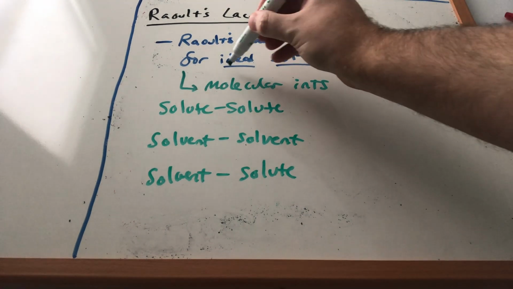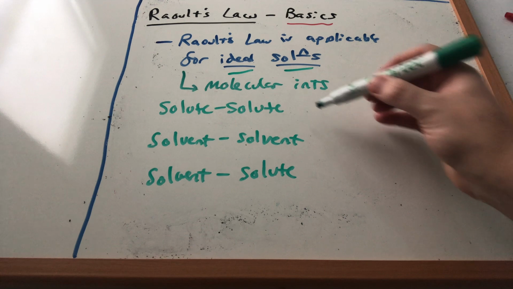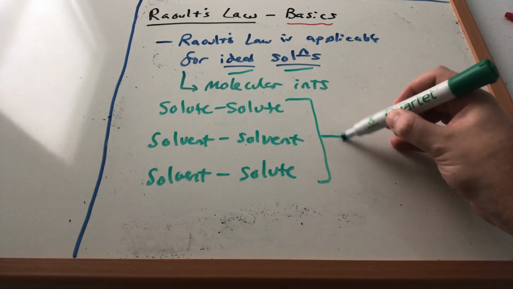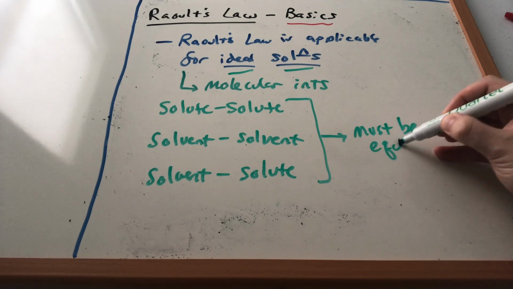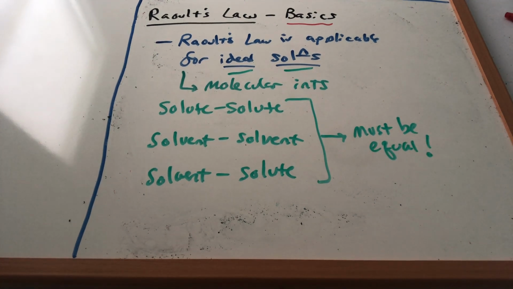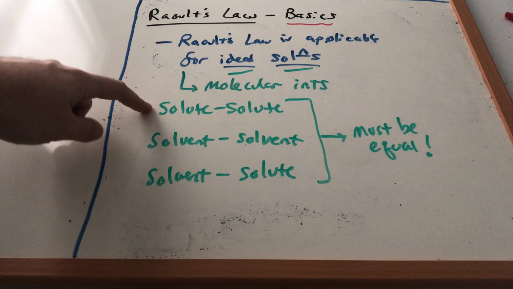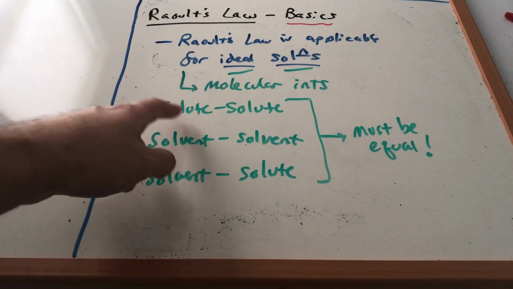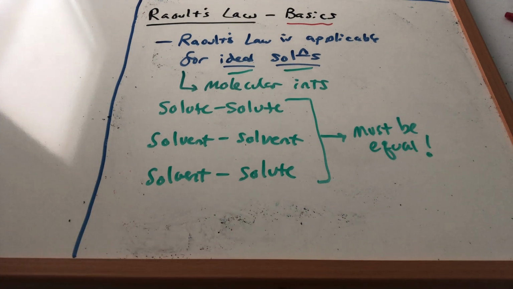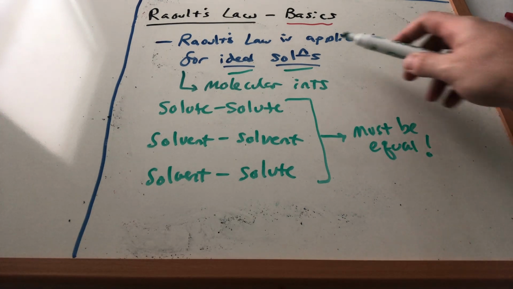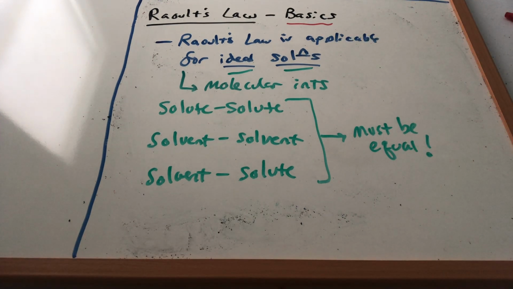For an ideal solution, from the basic standpoint, all of these must be equal. So you have to go through your general chemistry work and say, solute interactions, solvent interactions, and solvent-solute interactions are all the same. Then you have an ideal solution and Raoult's law is applicable.